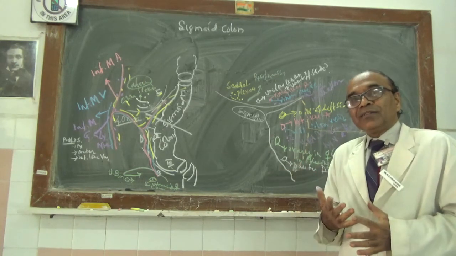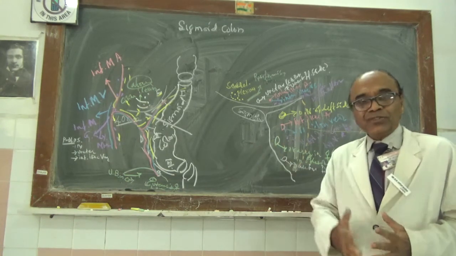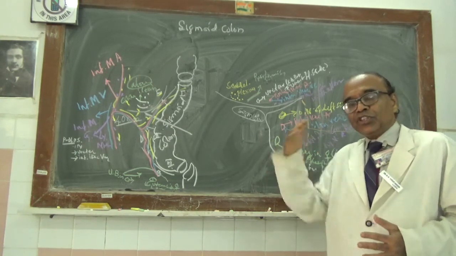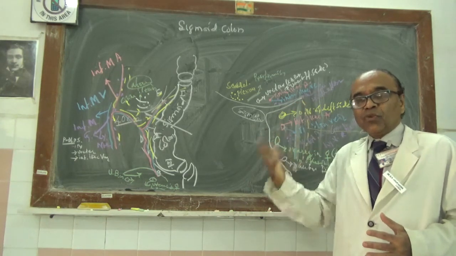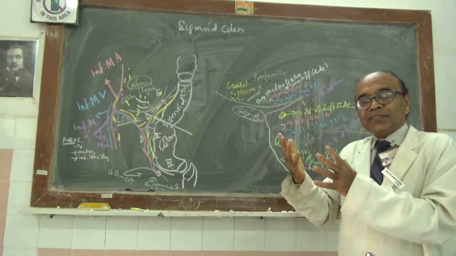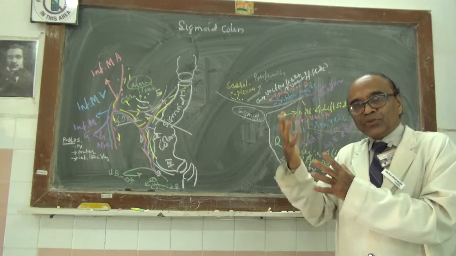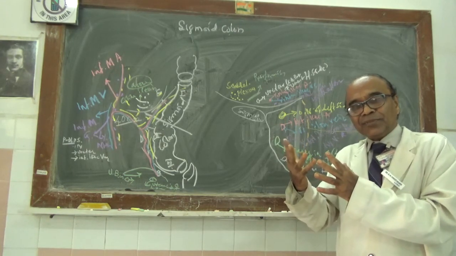Internal cut-section-wise difference, large intestine and small intestine. Jejunum and ileum have mucosal folds, very fine, and the villi are arranged very close in contact in the jejunum, while in the ileum they are rarefied.